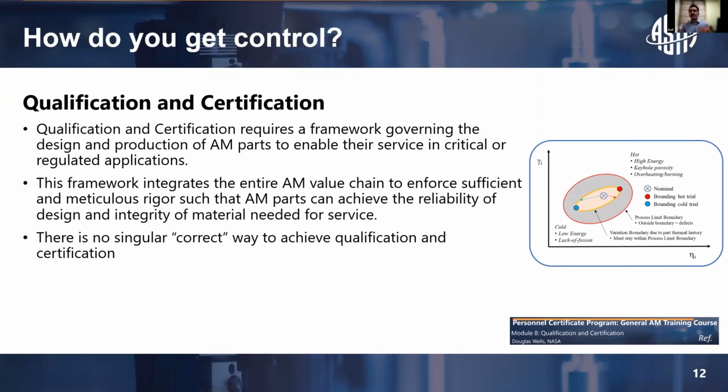So the level of qualification required is quite different for aerospace compared to other industry sectors. So you have to have different levels and different methods of qualification. And before you go for the actual manufacturing, you have to make sure that you have a qualification framework which is properly done and enforced so that you are able to produce parts consistently, with consistent quality, all over the time.